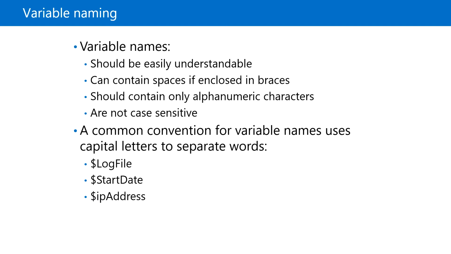The other aspect is that when we give the variable name, it is typically better to limit it to alphanumeric characters, which are letters and numbers, because when we include special characters or spaces, it becomes more confusing to use. We can also give a space in the variable name. For that, we need to enclose the variable name in braces.